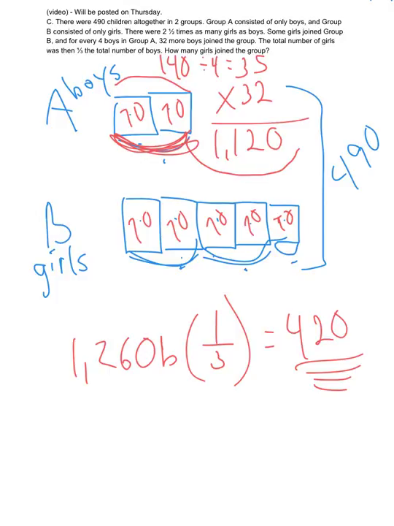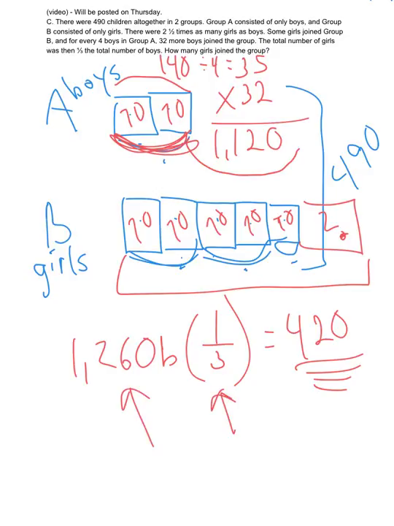We do not know how many girls joined the group. We do know that after those girls joined the group, their total amount of girls was equal to 1/3 of 1,260. Well, this 420 represents the total number of girls.